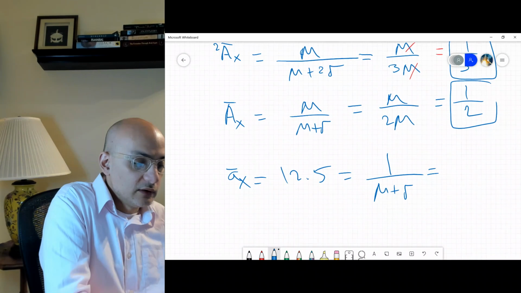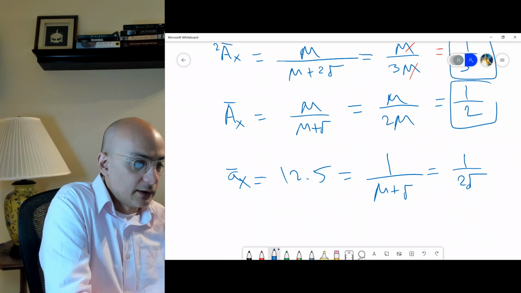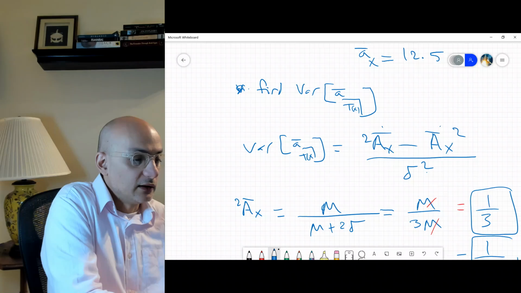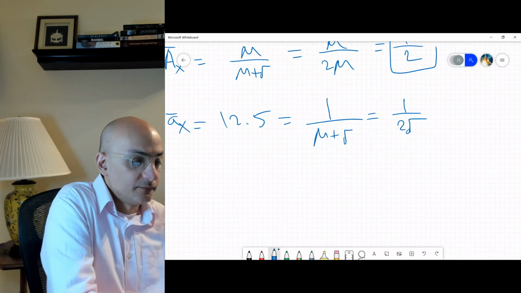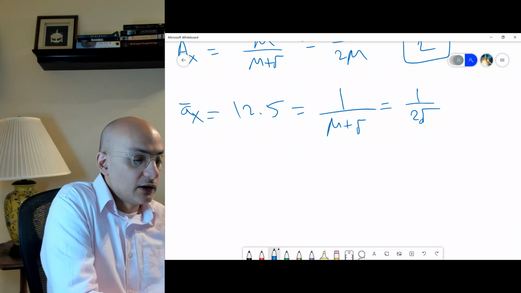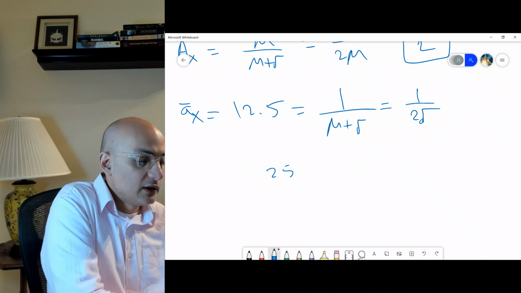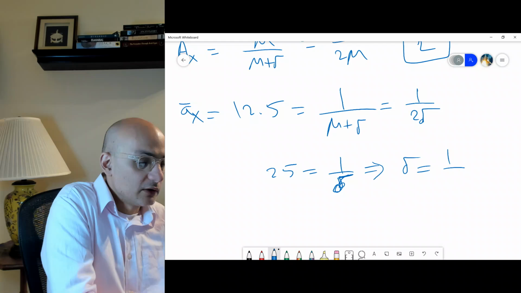Let's make it 1 over 2 delta, because these are equal, given the question. Multiply across, 2 times 12.5 becomes 25, so delta is the reciprocal of 25, so it's 4%.